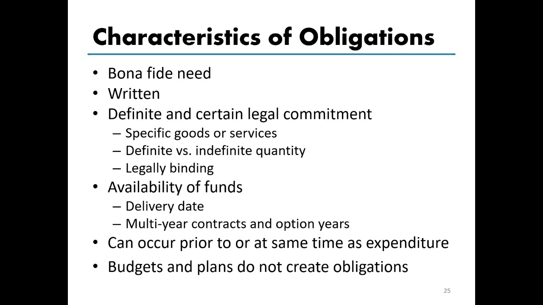And if you have multi-year contracts and contracts with option years with other entities, then you should only obligate for the goods and services that you expect to receive within the contract period that you have with TWC, and not the future years until such time as you actually get an extension of your contract. That's important to know with respect to how you recognize obligations.